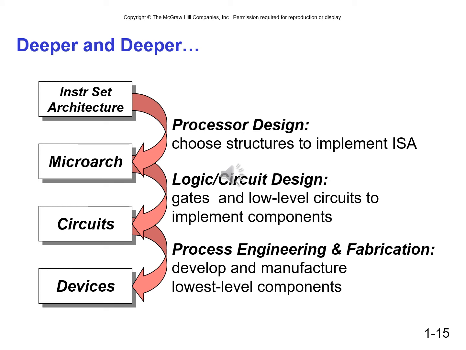And then the architecture in instruction set architecture refers to the microarchitecture, the physical electronics that support the specific instruction set: a logic circuit design, gates and low-level circuits used to implement components. And the microarchitecture is made up of specific circuits that are a compilation of very, very simple devices.